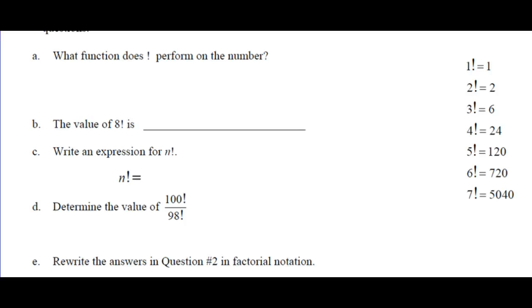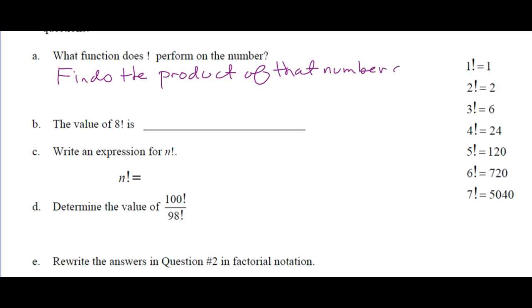Okay, so what function does the factorial do on a number? It multiplies that number, so finds the product of that number and all subsequent lower natural numbers.